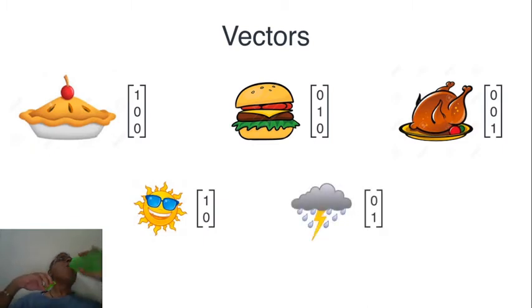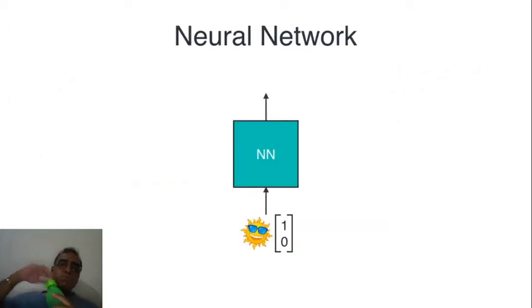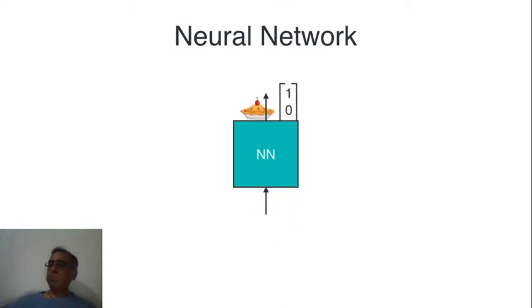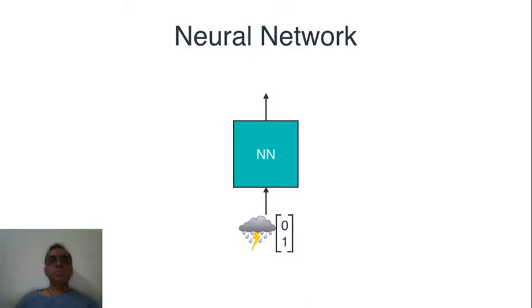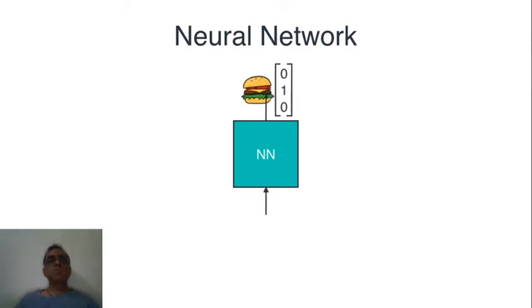And so what the neural network does is, if it receives a 1, 0 vector corresponding to a sunny day, it returns a 1, 0, 0 vector, which is an apple pie. And if it receives a 0, 1 vector corresponding to a rainy day, it returns a 0, 1, 0 vector, which is a vector corresponding to a burger.